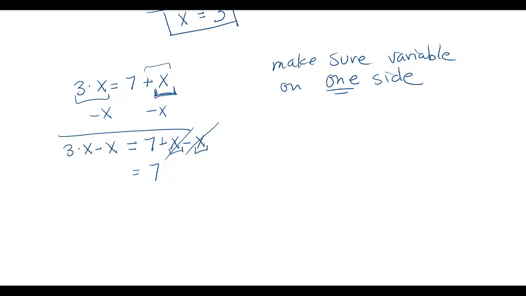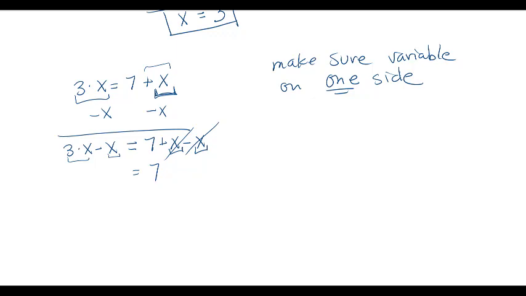What about the left? Now, on the left, the answer is 2x, because we have 3 x's here, and then we're taking away 1 x. Remember, we don't know what x is. It's a variable. It can be any number. But what we do know is that we have 3 of them, and then we have minus 1 of them. Imagine that x was an apple.